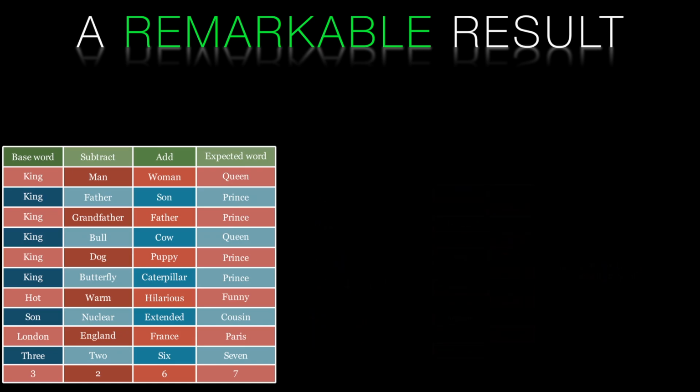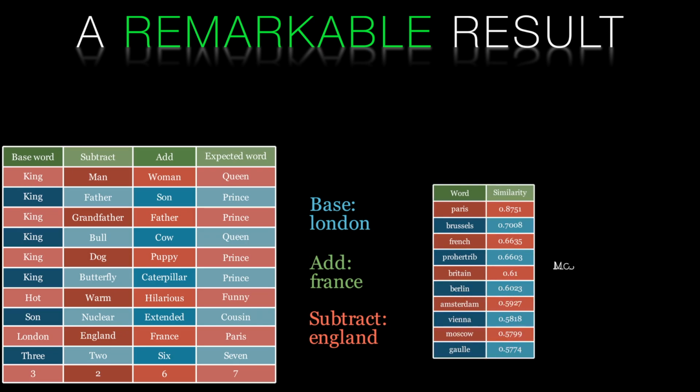The next question, this time about geographical relationships, sees our encoding on much firmer footing. Paris has both a high absolute similarity as well as a high relative similarity to the other candidates. An A star here for geography. What about mathematics?